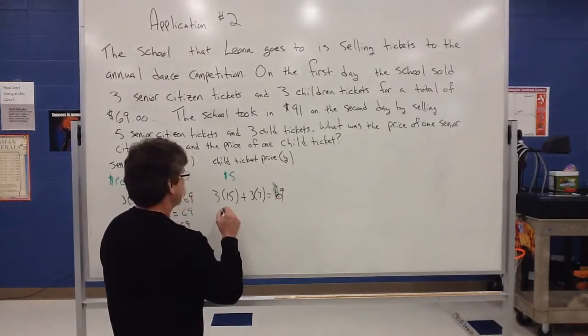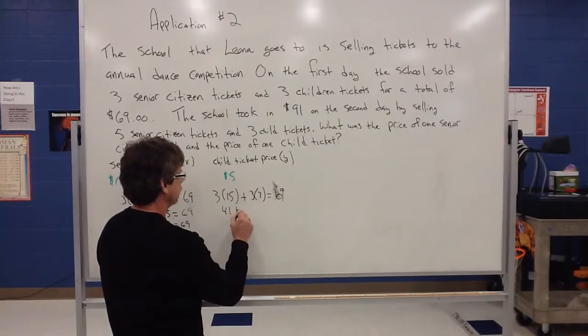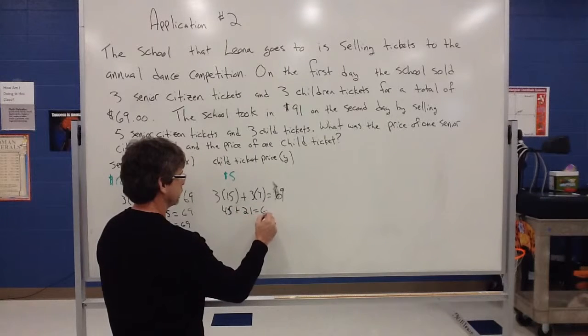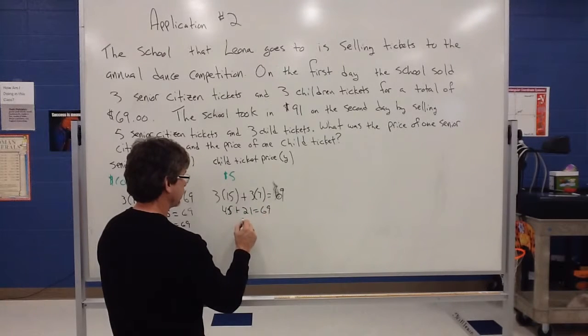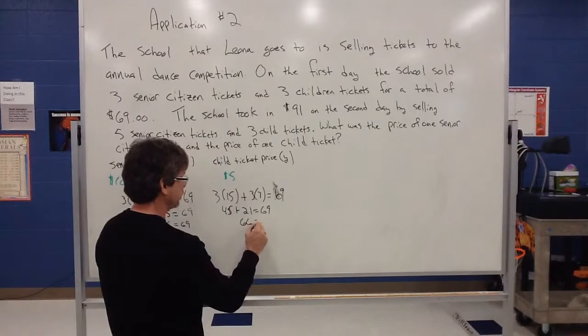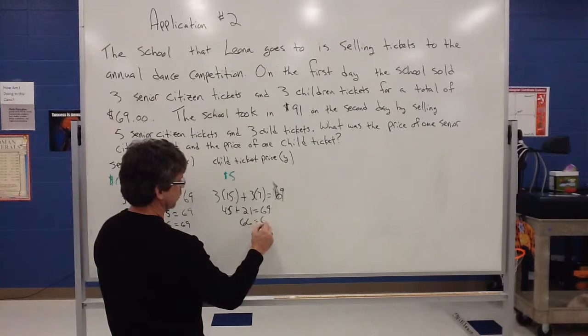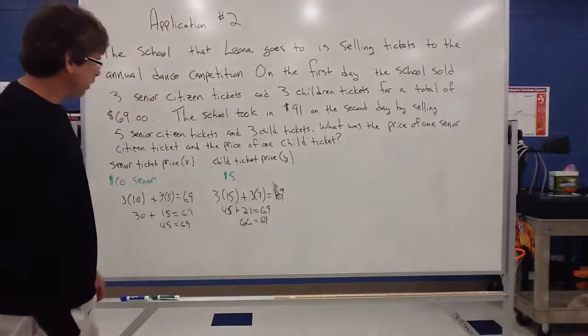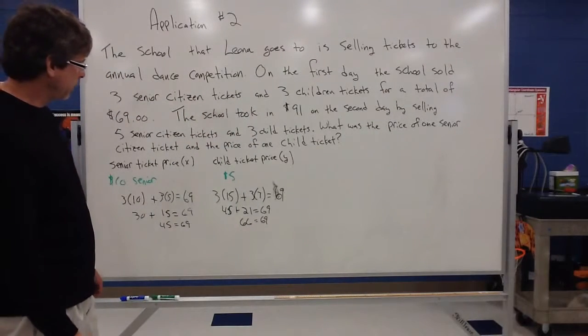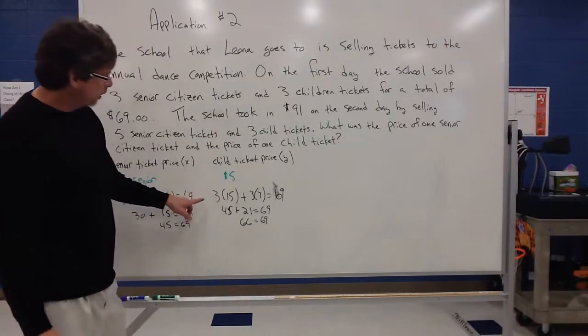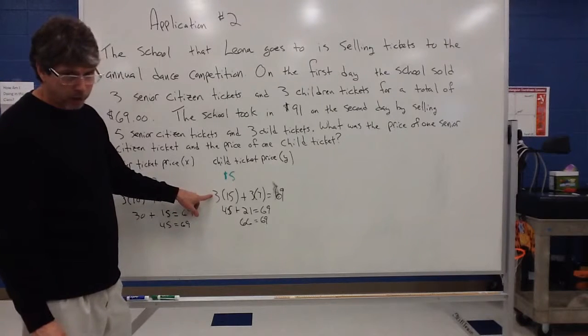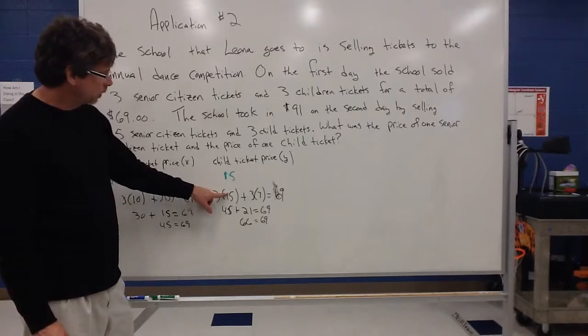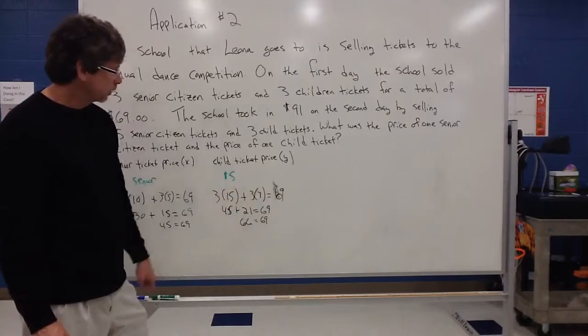Well, that's 45 plus 21. That's like 66, so I'm getting pretty close. But I'm not really getting much luck. But what I'm picking up on is, wait a minute, what am I doing? I'm multiplying the number of tickets by the cost.